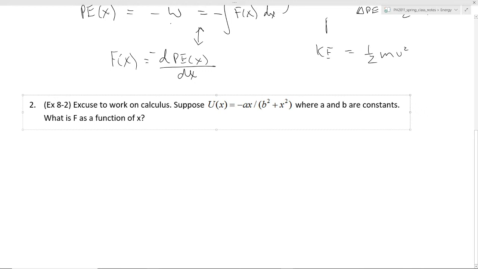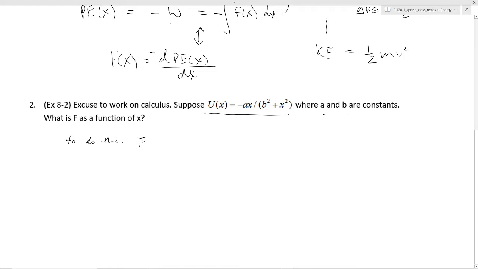If we have a potential energy that's given by this expression, negative ax over b squared plus x squared, where a and b are constants, we want to find the force as a function of x. This is a direct application of this expression that I have right up here.